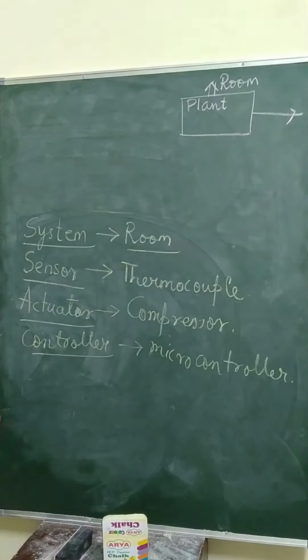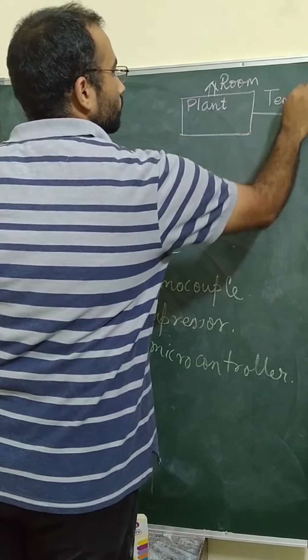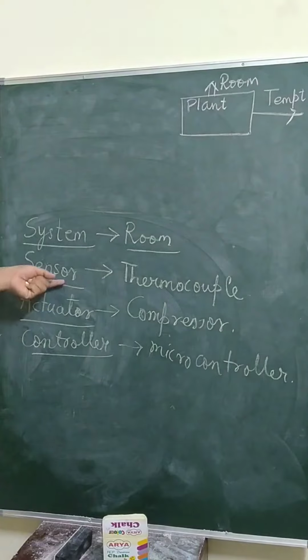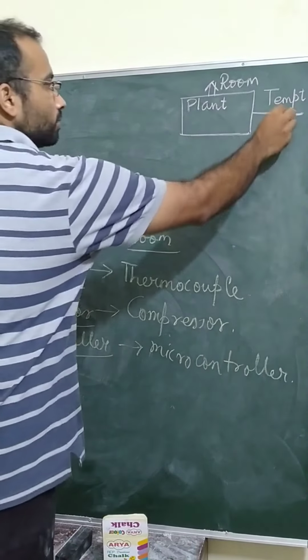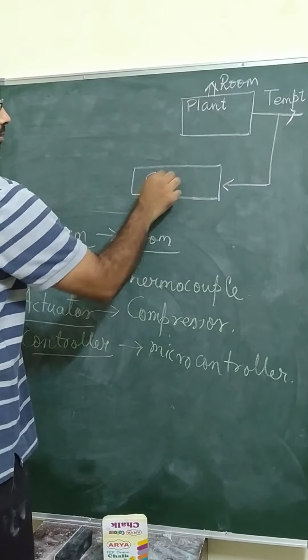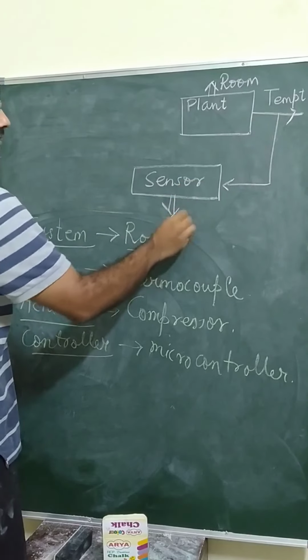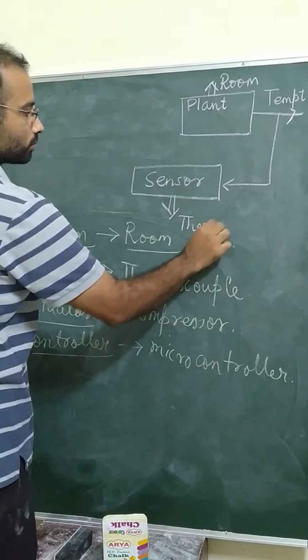And what is the output of the plant? That is the room temperature, right? The temperature inside the room, which is sensed by the thermocouple in the air conditioning system, right? So I have a sensor which you have already identified as the thermocouple.